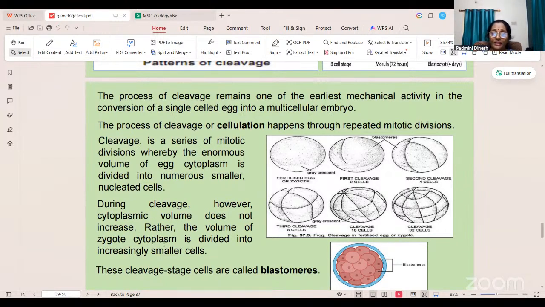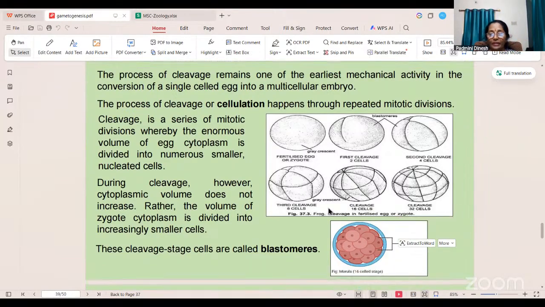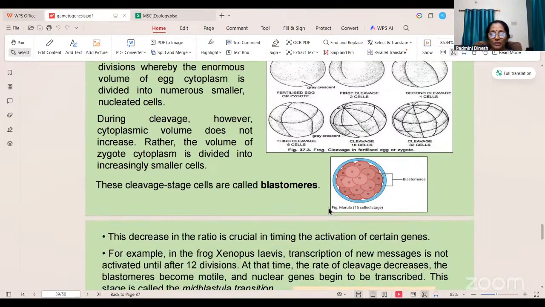Rather, the volume of the zygote cytoplasm is divided into increasingly smaller cells. That is called division, and these cells are called blastomeres. You can see the size is the same from this point to this point, and they have not grown in size. Those are called blastomeres.